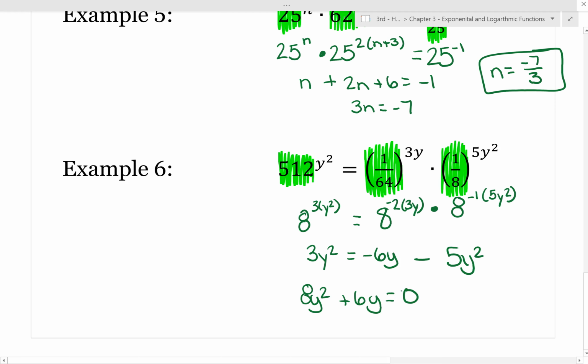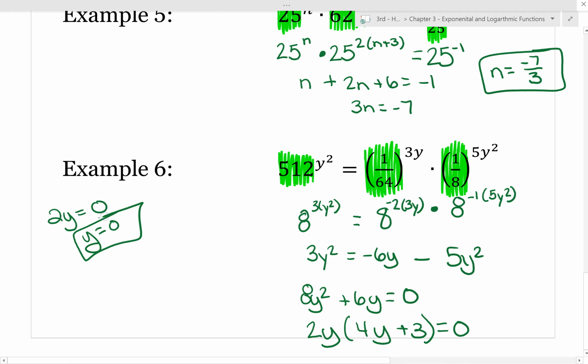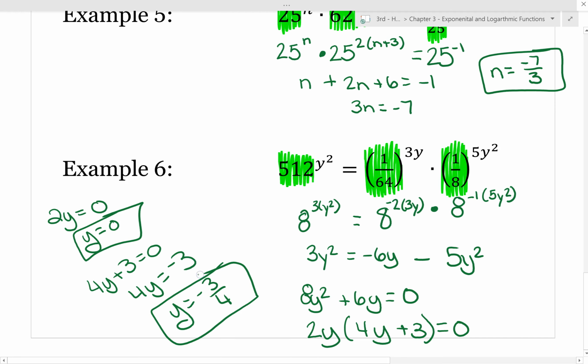Then we take out our greatest common factor, which would be 2y. So we would be left with 4y plus 3 equals 0. Set both of those equal to 0. So the first one is 0. And then 4y plus 3 equals 0. Subtract 3. And then divide. So we have 2 answers on this one.